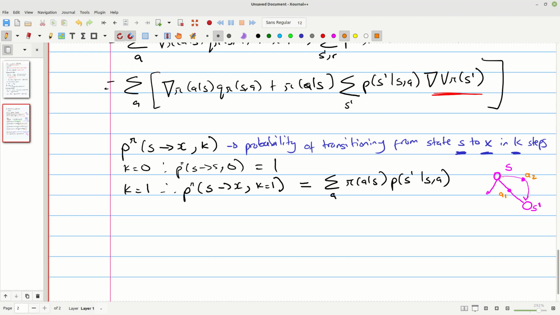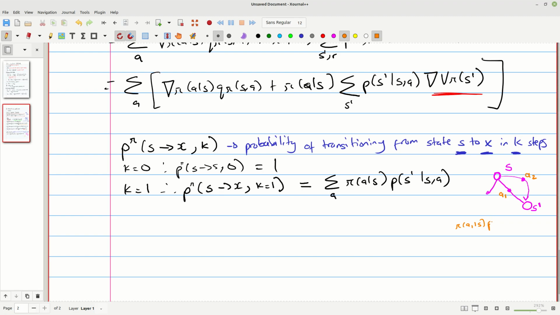And there is a probability associated with whether we're going to take action 1 and whether we're going to take action 2. So essentially we look at the probability pi a1 given s. This is the probability that from this state we'll take action 1. But if we take action 1, what is the probability that we'll end up in S prime?